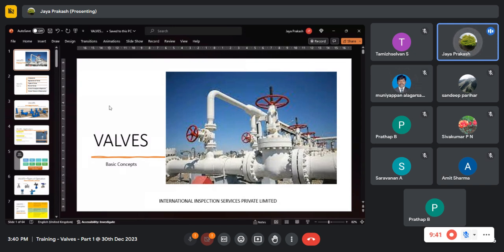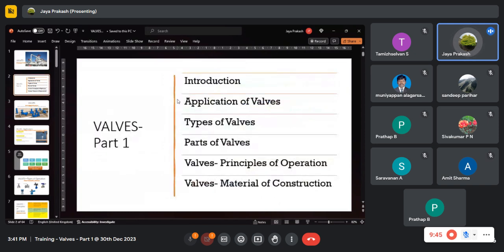So in this presentation we will be covering an introduction of valves and applications of valves, types of valves, parts of valves, and principles of operation: how each type of valve operates.